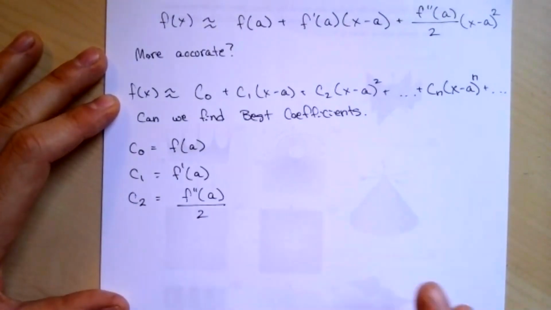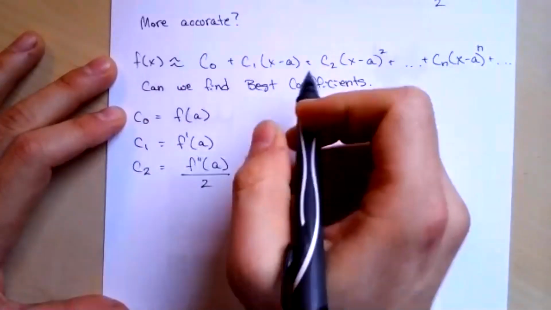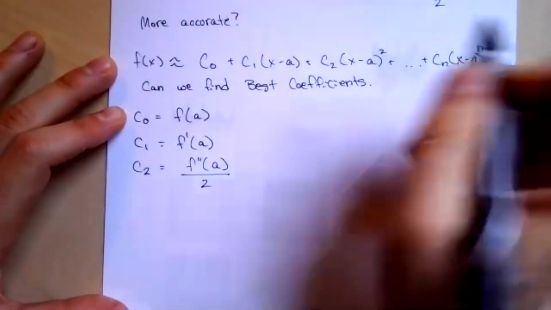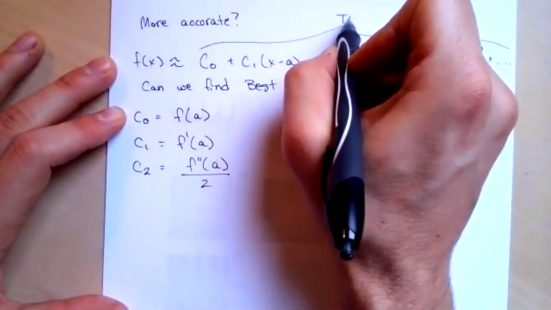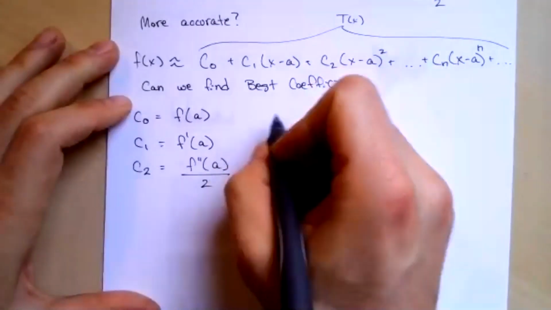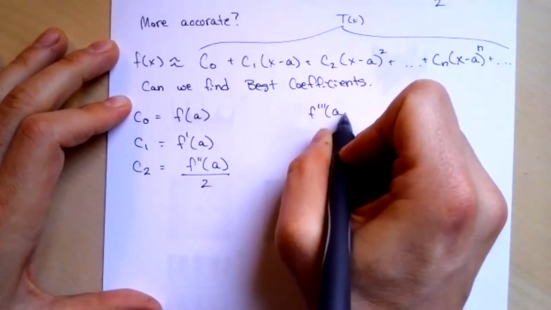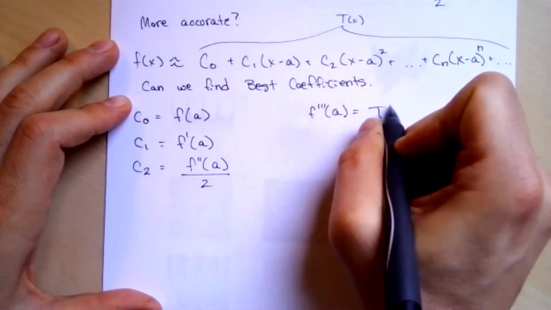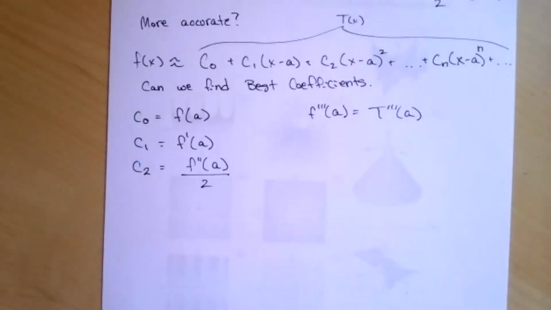Let's do one more, maybe two, to try to see what's going to happen. So let's call this big series T of x again. If we were to go one more time and dictate that we want the third derivatives to match, what is that going to say?